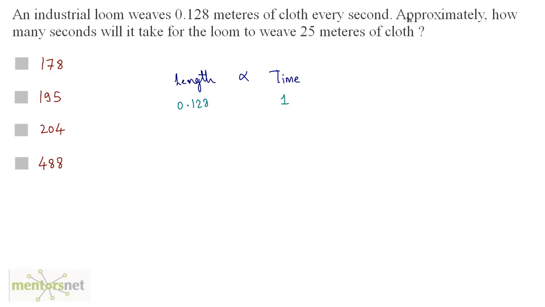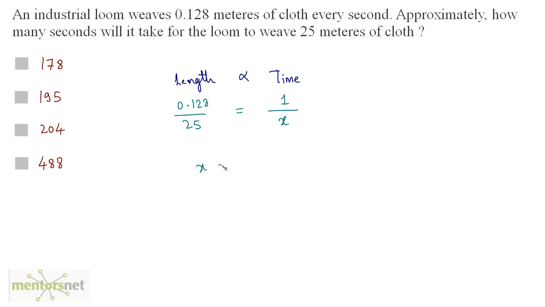Now what is asked? Approximately how many seconds will it take for the loom to weave 25 meters? So we have 25 meters of cloth and approximately how much time will it take for that? So I can take the ratio of this and it is directly proportional, so I can directly equate these ratios.